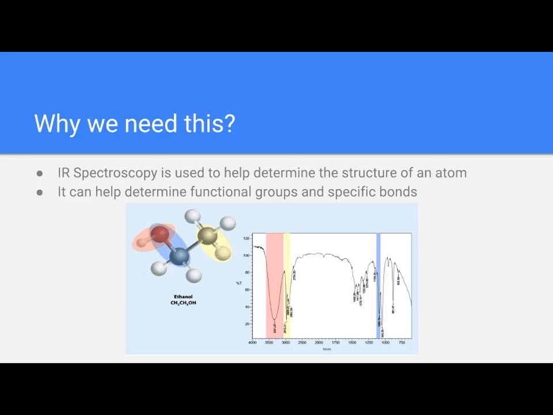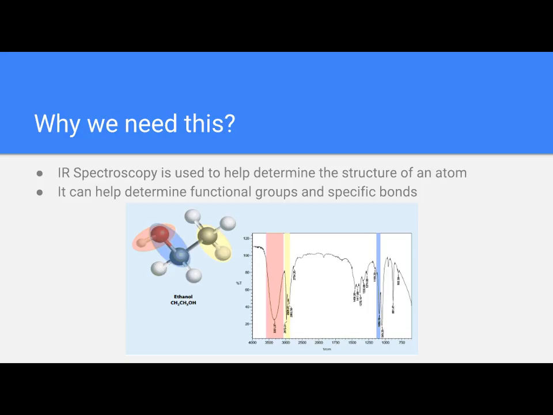So it's used to help determine the structure of a molecule, and determine functional groups and specific bonds because, like Levi said, each bond has a different vibration. So you'll have this red one. What's the red one representing? OH. That's ethanol, so it's representing OH, so that's a big long stretch.